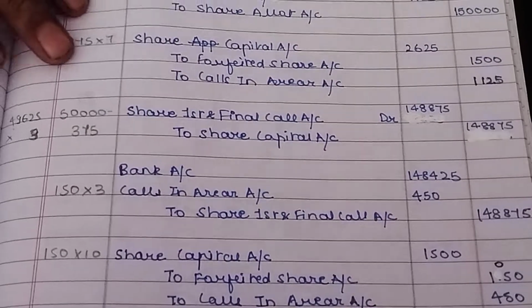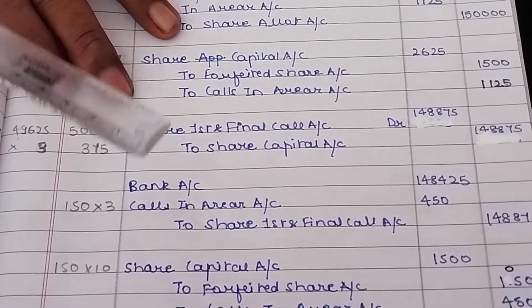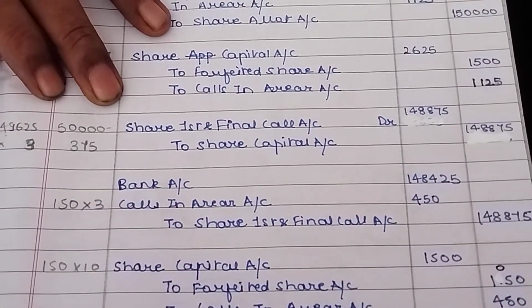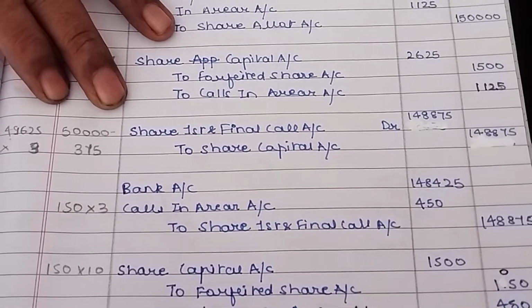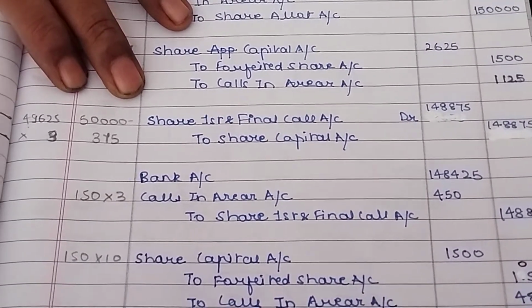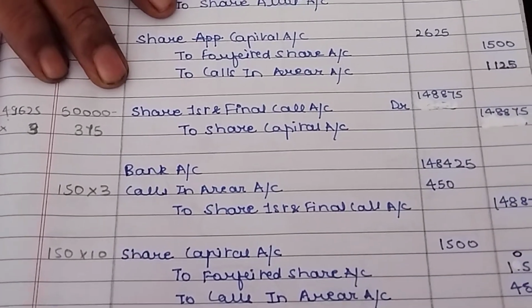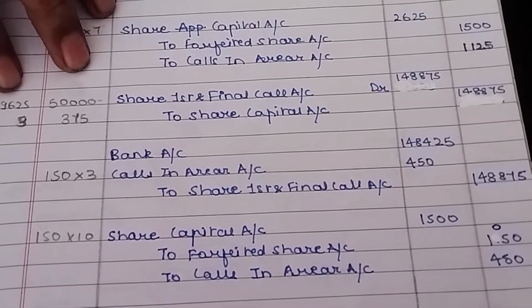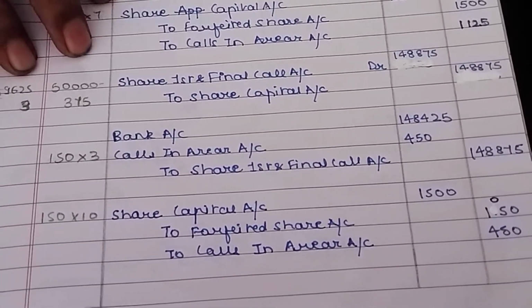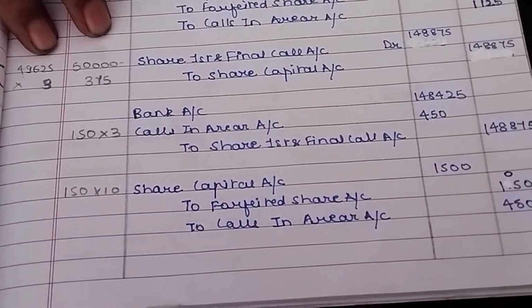After that, next, share first call account debit to share capital account. Remember that 375 shares, to whom we are not going to call the money because those guys are not the shareholders of the company. So balancing number of shares 49,625, means 50,000 minus 375.